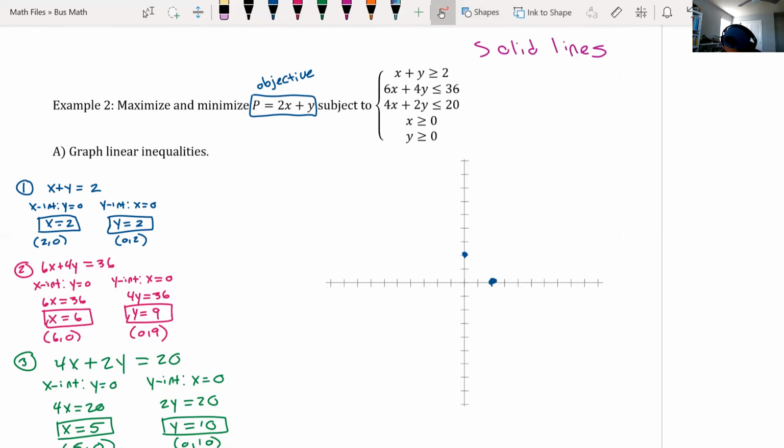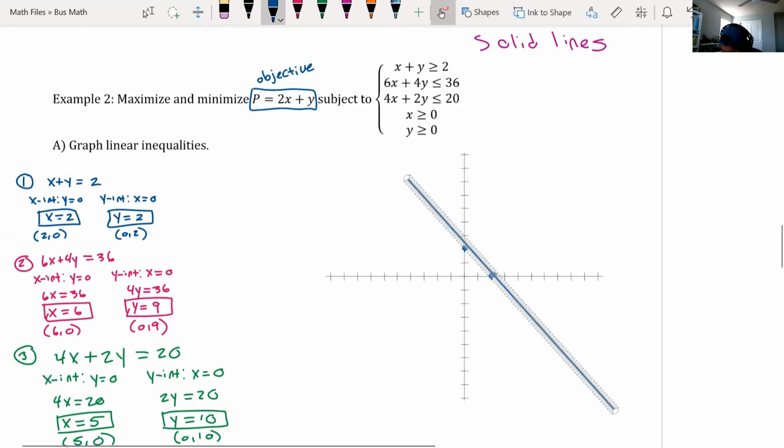Can I just draw a line, then move it? Why not? Oh yeah, look at that. Why didn't I think of that before? Something like that. Oh well, close enough. All right, and now that goes like that.